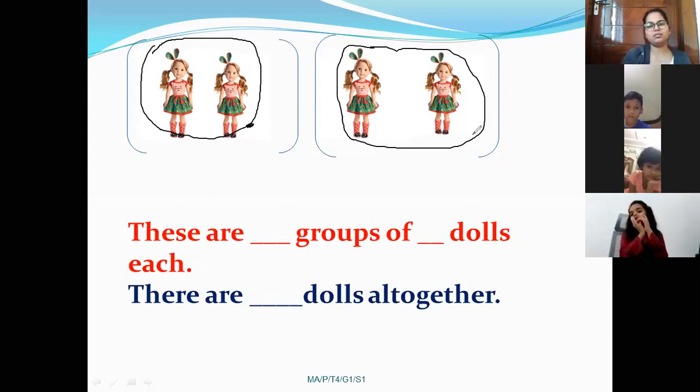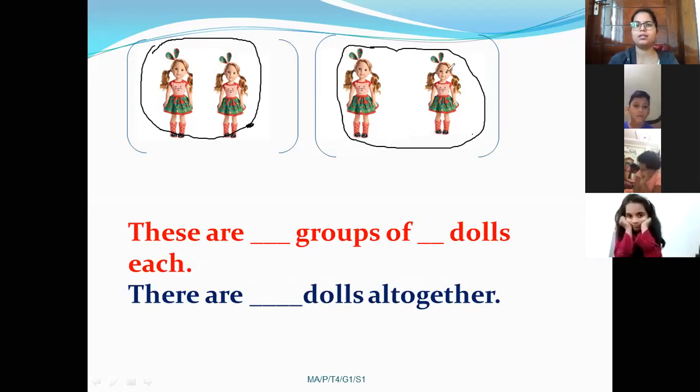And in second picture? 2. So total how many circles are there? 2. Yes, so this means two groups are there. I have tried to divide these groups by drawing a circle, as you all are unable to see this blue color line. So there are two groups. How many groups are there, Suryansh?